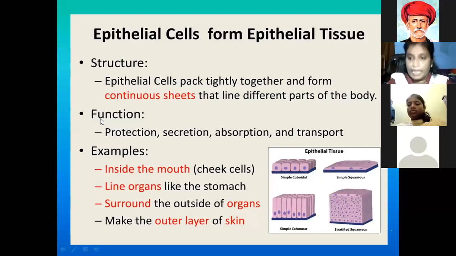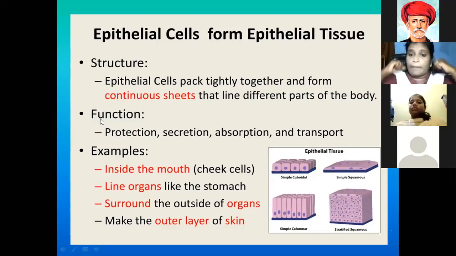Mainly, epithelial tissue forms continuous sheets. The cells are packed very tightly and form a continuous sheet, but there are different layers.